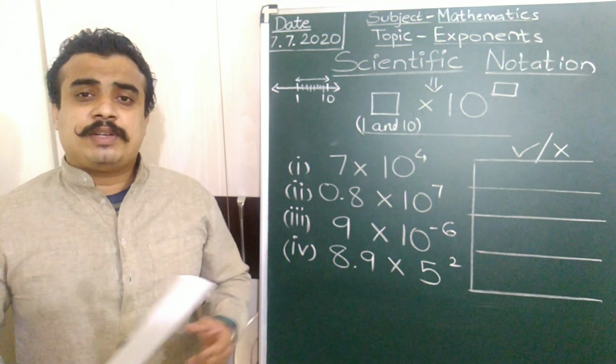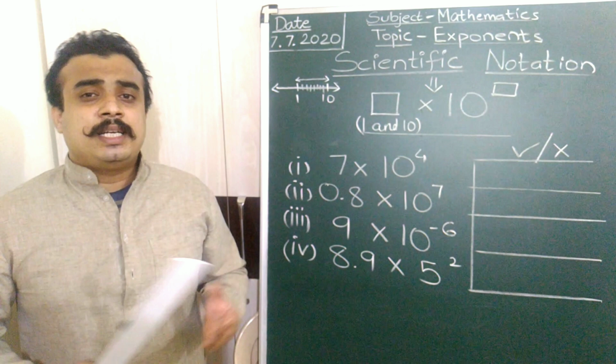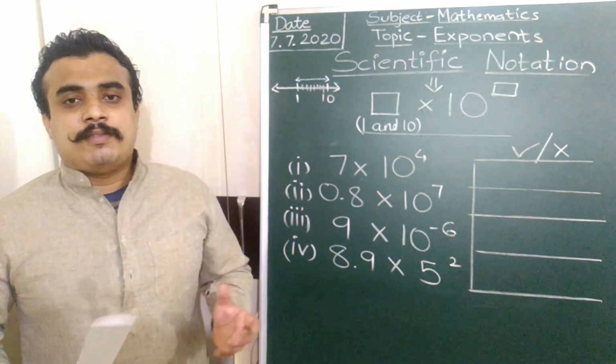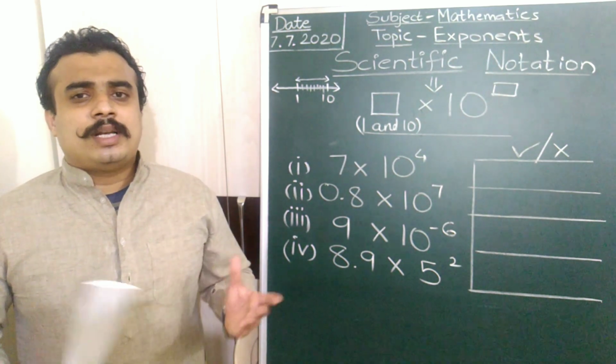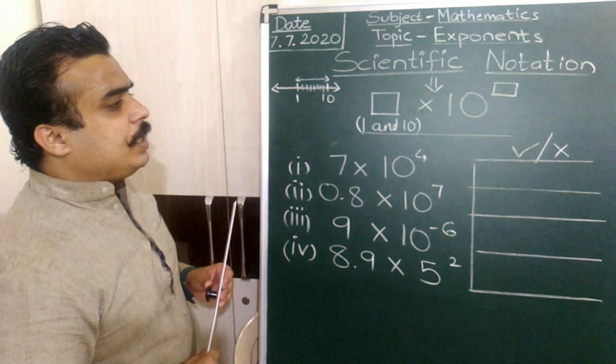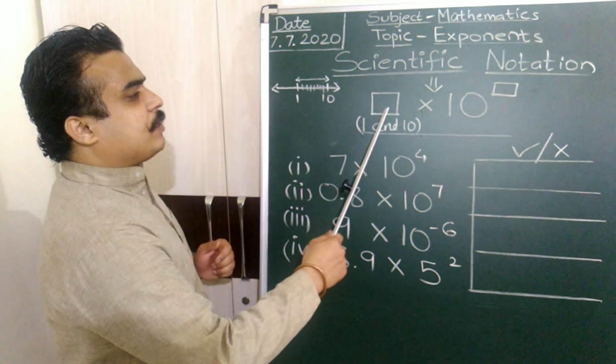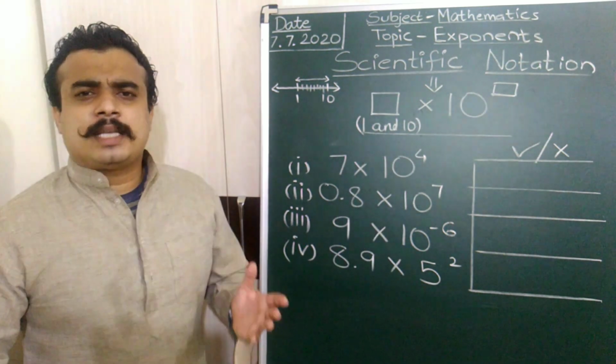If it is a scientific notation, we will put a tick mark. If it is not, we will put a cross mark. Let's start. We will call this the first part and this the second part.